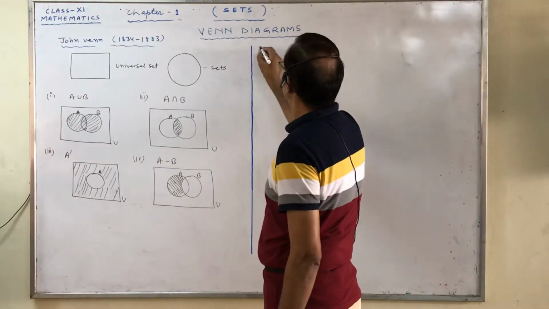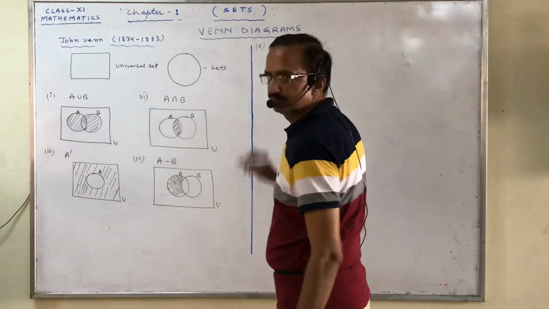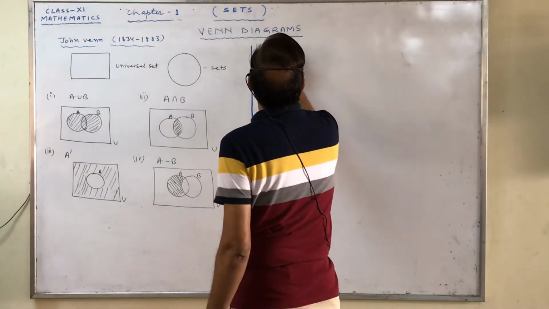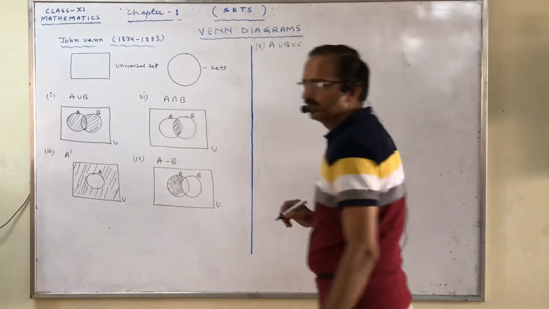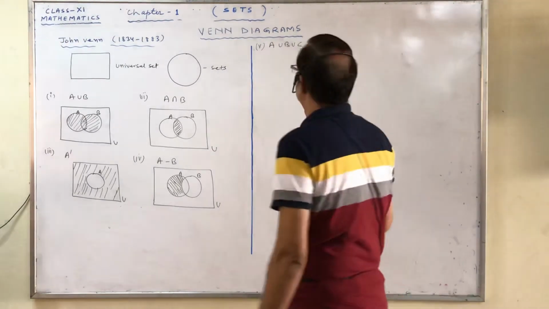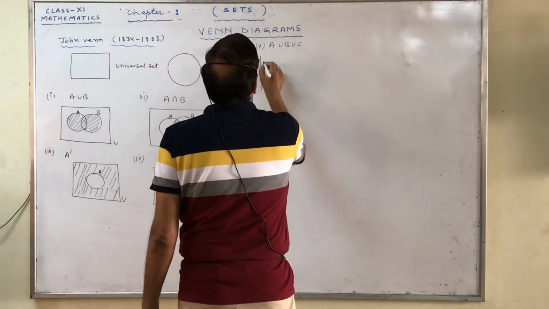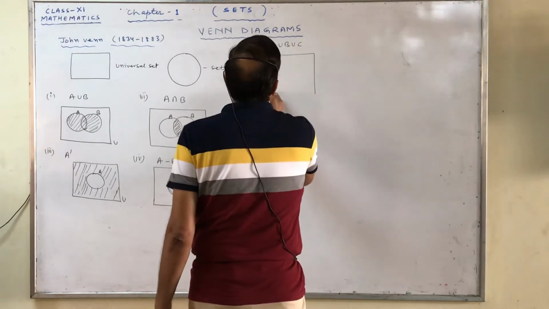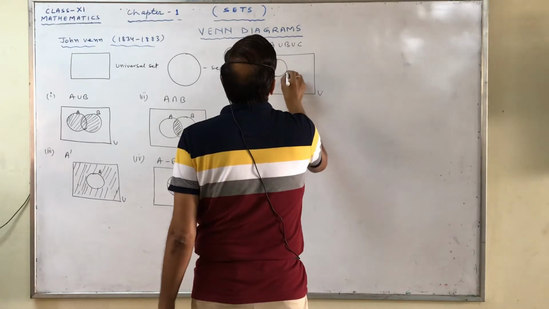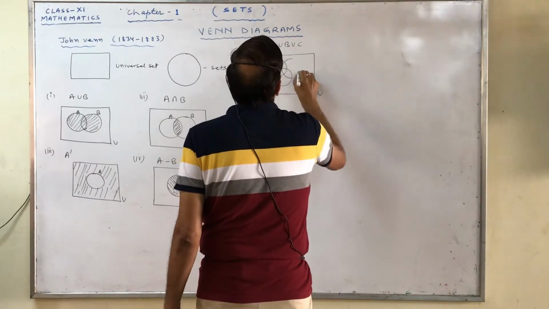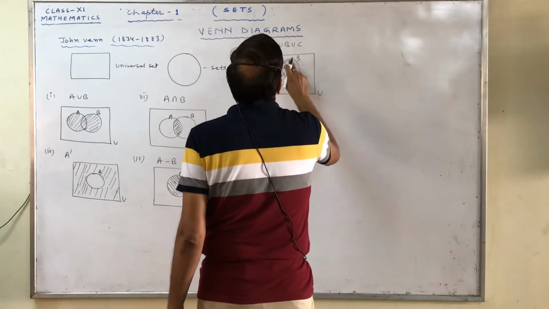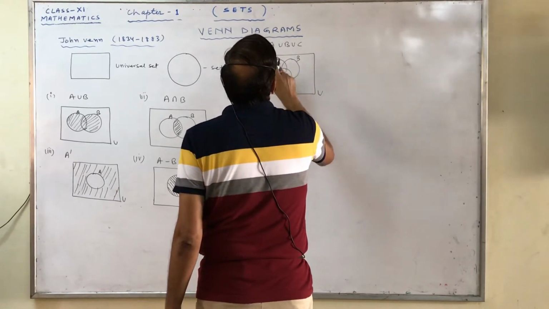Next is A union B union C. For this, three sets are required. These three are the subsets of universal set. We will draw universal set and three sets like this: A, B and C. These are the three sets.